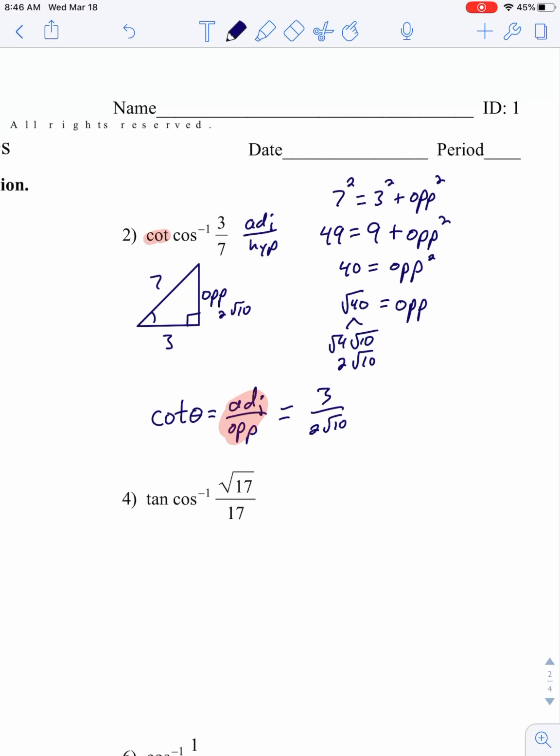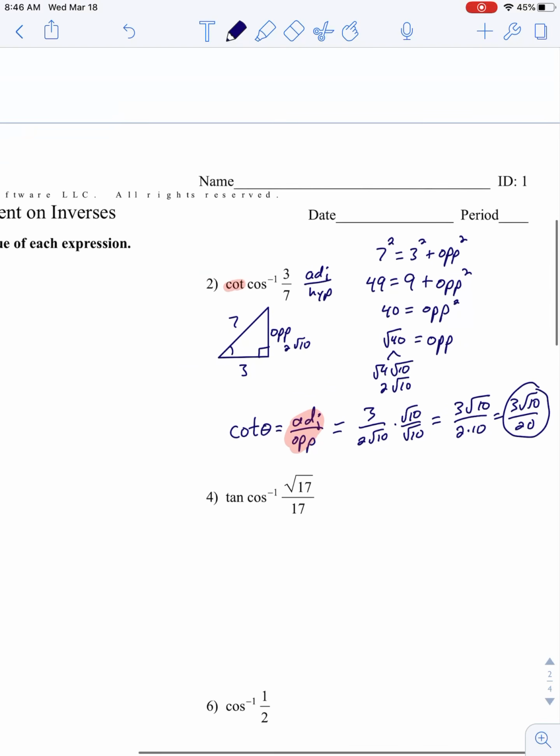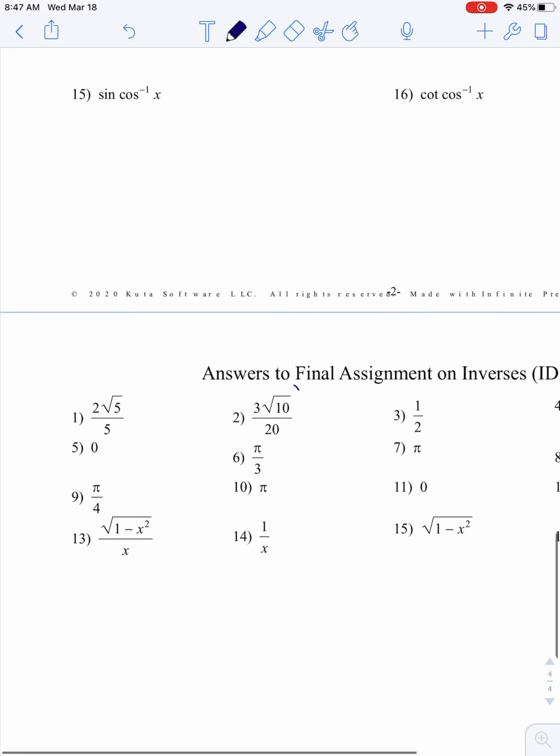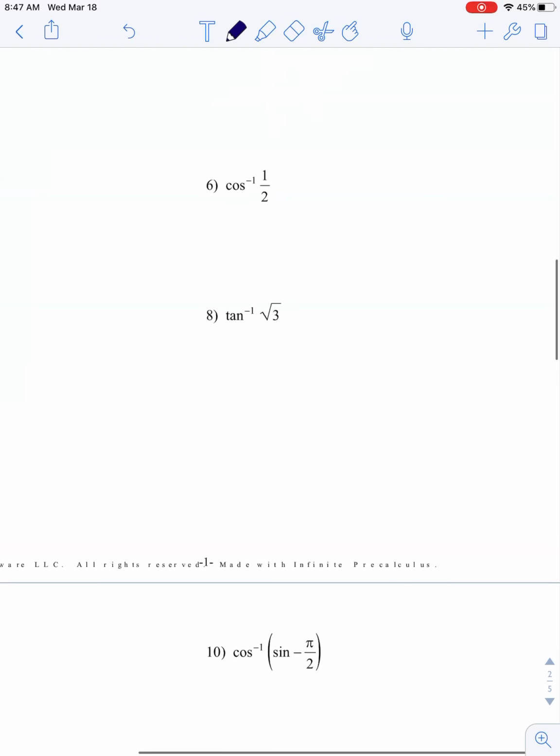You know you cannot have a square root on the bottom of a fraction, so we rationalize the denominator. 3 radical 10 over 2 times 10, or 3 radical 10 over 20. And I'm going to scroll down and double check answer 2. 3 radical 10 over 20, so yes, we did it right.